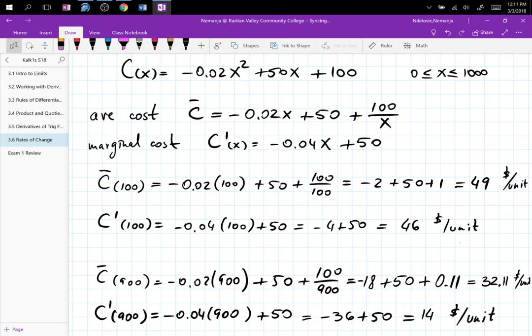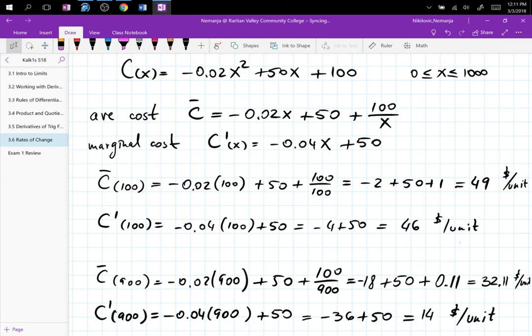Marginal or instantaneous or the derivative gives the individual snapshot in time. You determine the length of that time, whether it's a split second or a year. It measures the instantaneous change, in this case the cost, to be $14 per unit at 900.